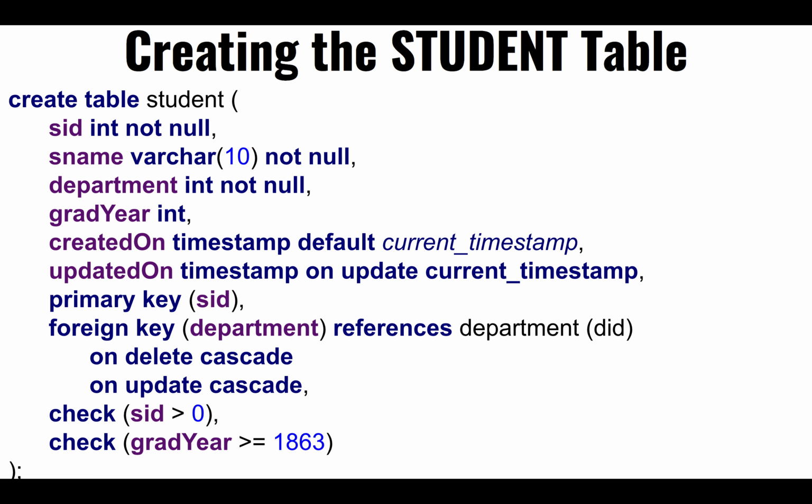It'll cascade those updates. Also, we've established a couple other validations. We're saying to enforce the fact that the student ID needs to be positive, and the graduation year cannot be less than 1863 when the college was established. So you cannot have a graduation year before the school was established.